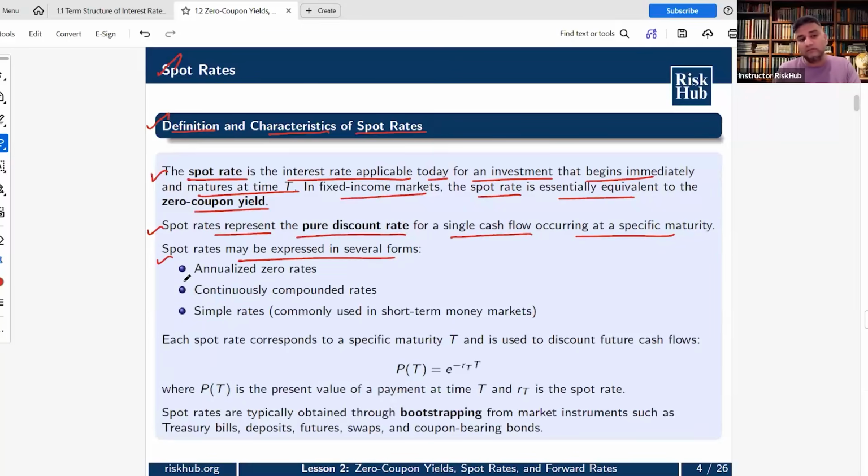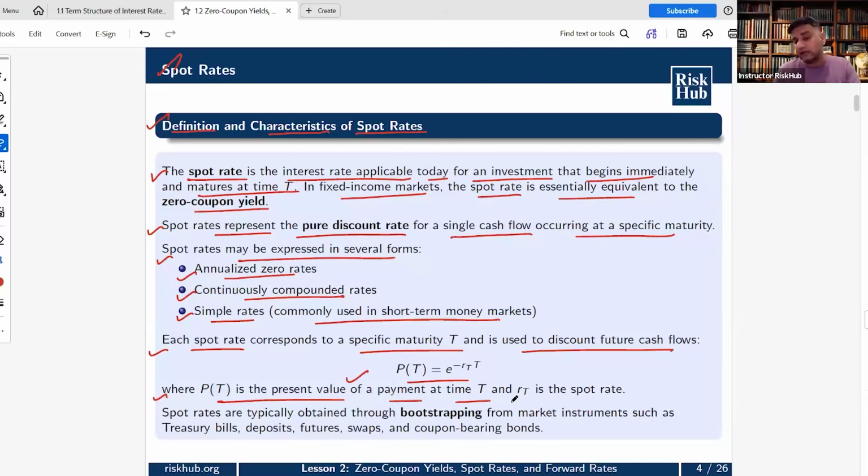Spot rate may be expressed in several forms: annualized zero rates, quarterly compounded rates, simple rates commonly used in short-term money market. Each spot rate corresponds to a specific maturity T and is used to discount future cash flow, which is given by this equation. P sub T is the present value of the payment at time T and R sub capital T is the spot rate. Spot rates are typically obtained through bootstrapping from market instruments such as treasury bills, deposits, futures, swaps, and coupon-bearing bonds.